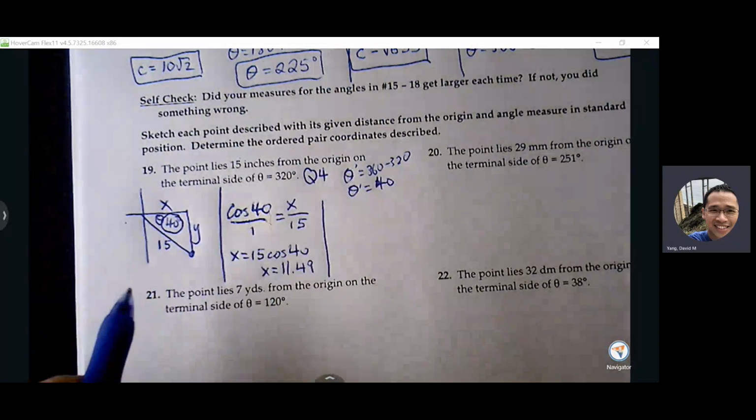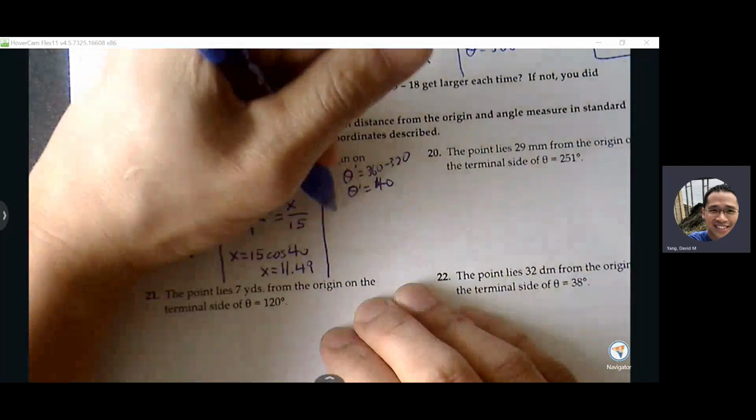Okay, to solve for y, you can either use the Pythagorean theorem or you can use sine.